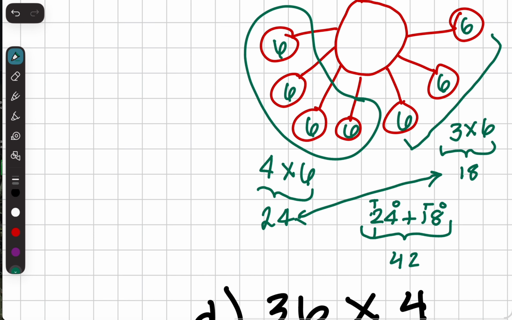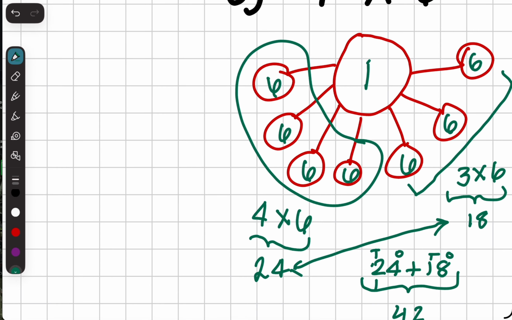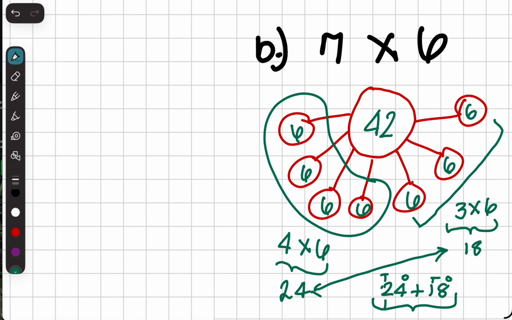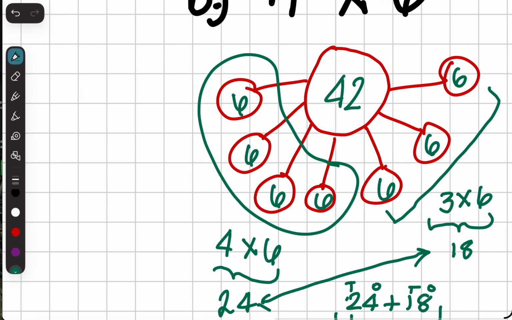So my answer is going to be 42. So 7 times 6 is going to equal 42. Okay, and the way that I did this again, just to reiterate, I decomposed the 7 into 4 and 3 and multiplied both of those numbers, and then I added those totals.